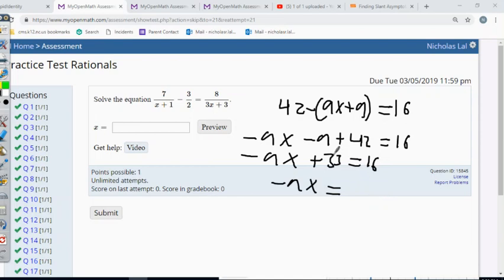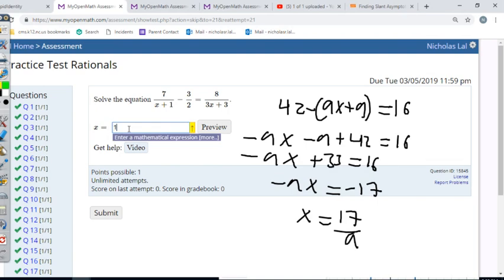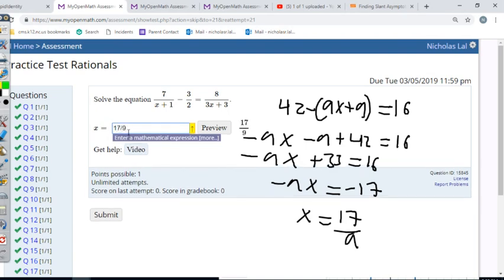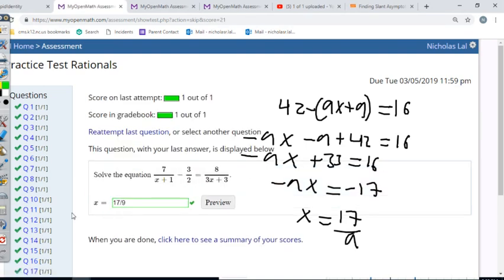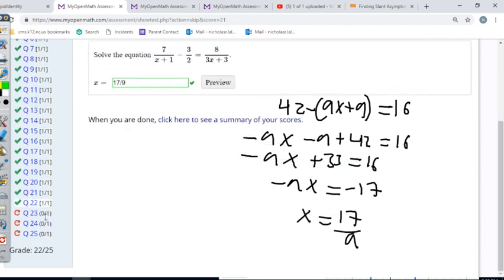So 16 minus 33, that's going to be negative 17. So x is equal to 17 ninths. All right, didn't make a mistake that time.